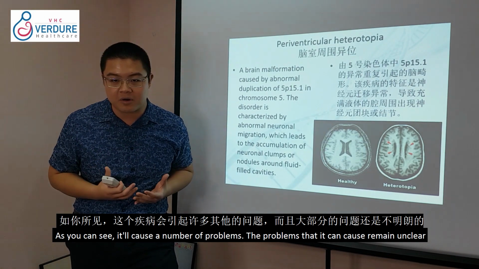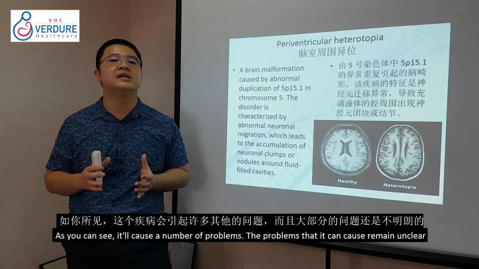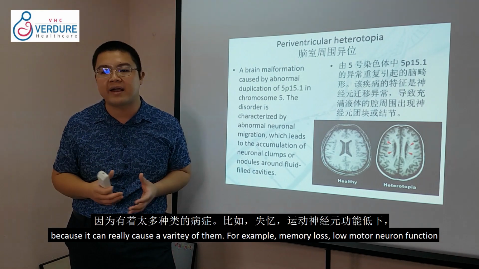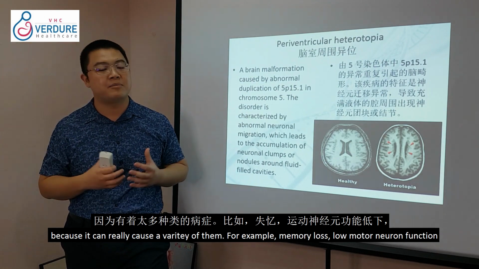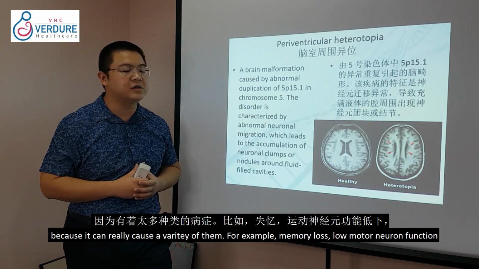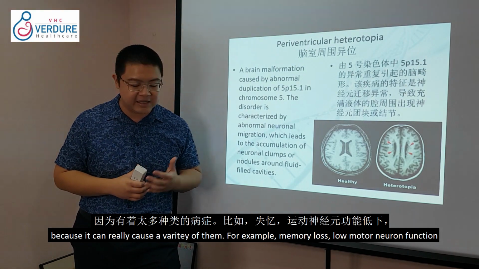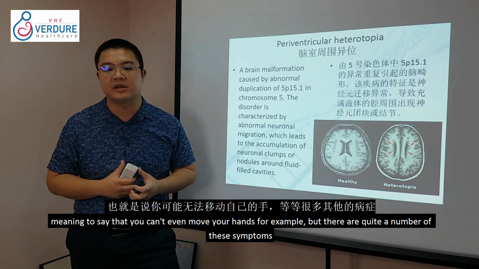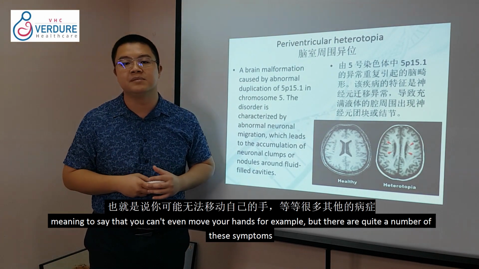What exactly the problem is it going to cause? It's still quite unfixed because it can really cause a variety of them. For example, it can cause memory loss. It can actually cause motor neurons to have low functions, meaning to say you can't even move your hands, for example. But there are quite a number of these symptoms, right?